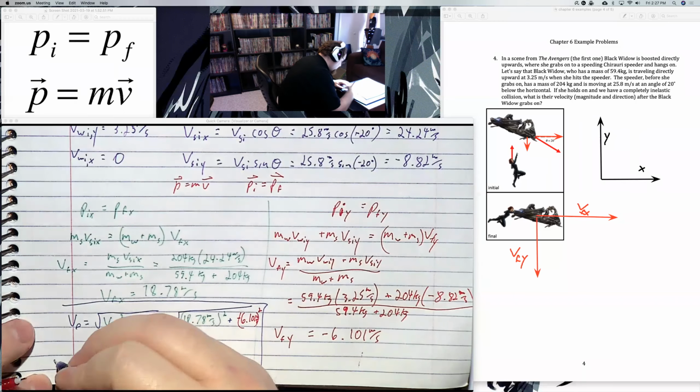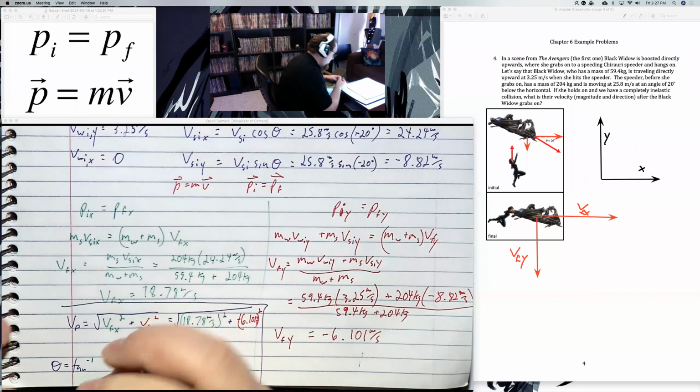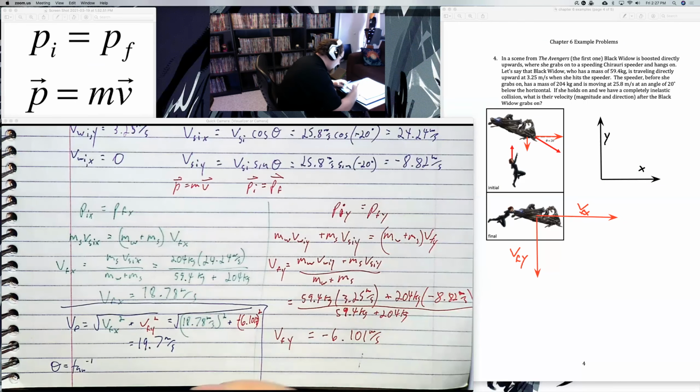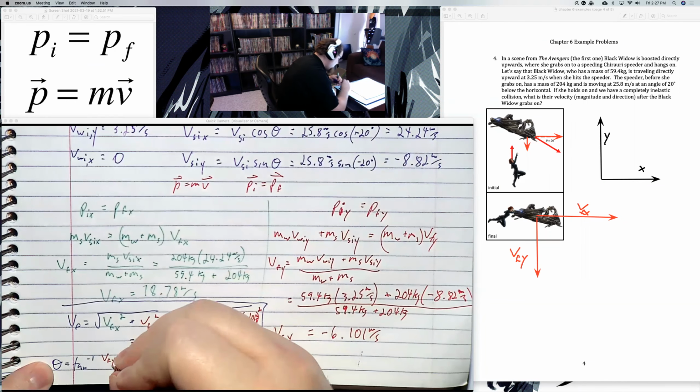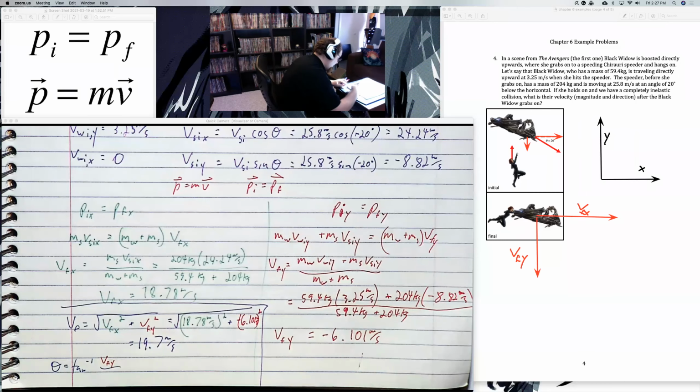Direction will be the inverse tangent of y over x.